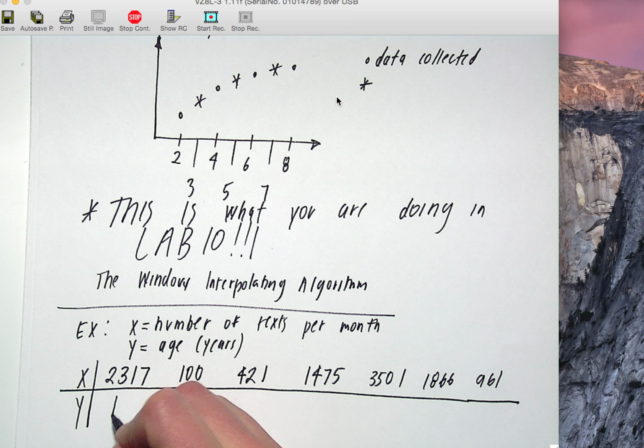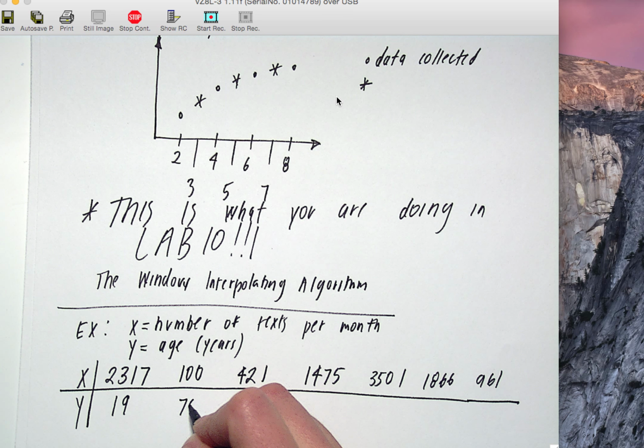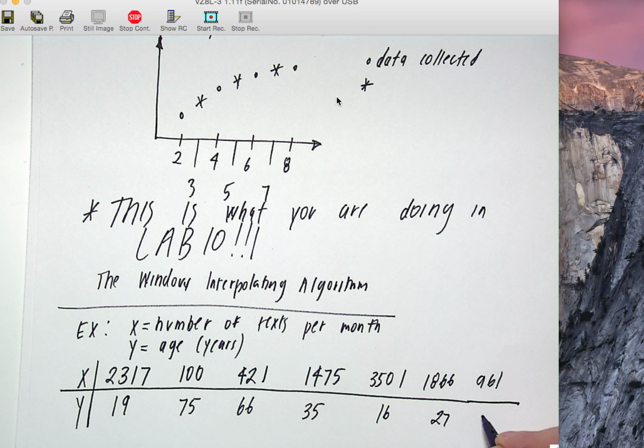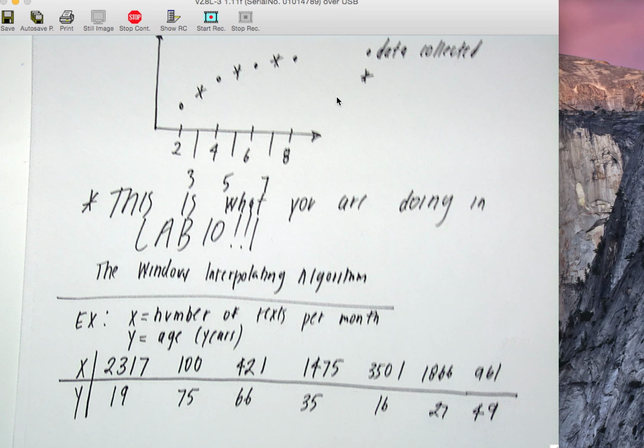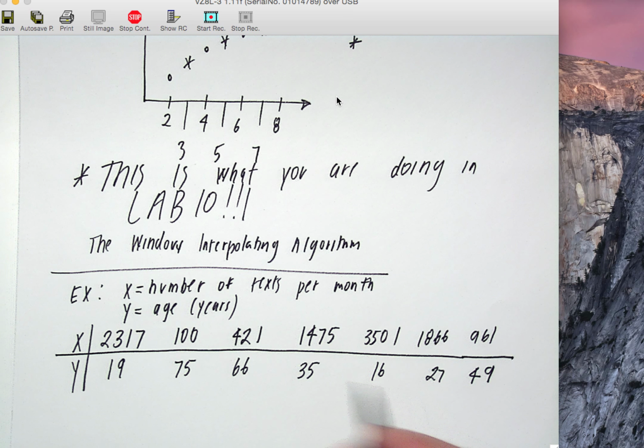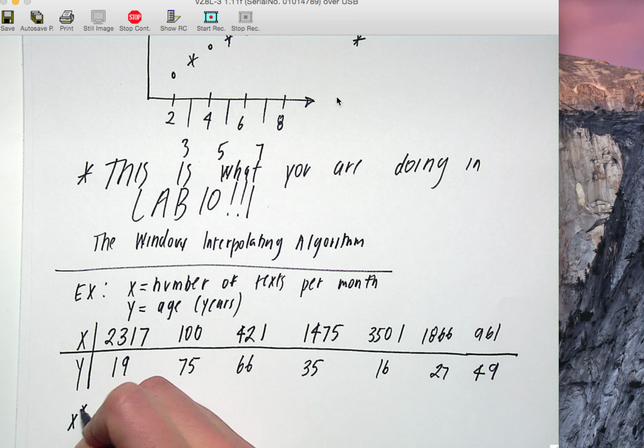And then you collected information about these individuals' ages in years. As you can probably tell, there is an obvious relationship between this data, which is basically fairly linear or just increasing with age. And the other thing we need is our X star.